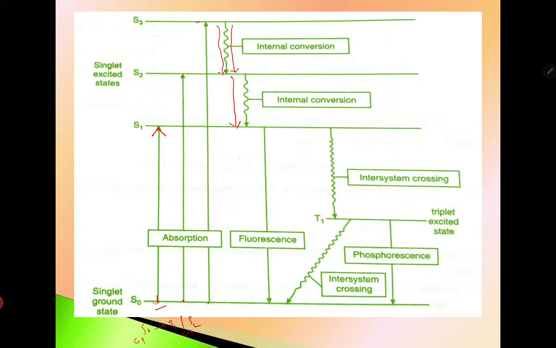Suppose the singlet state is getting converted to the triplet state, we are calling it inter-system crossing. These processes evolve heat only, they are not evolving radiations. Therefore, they are non-radiative transitions.